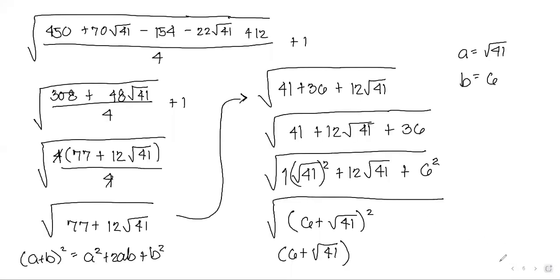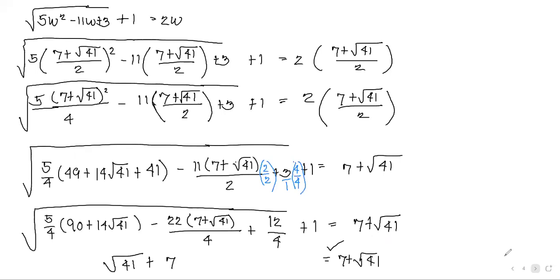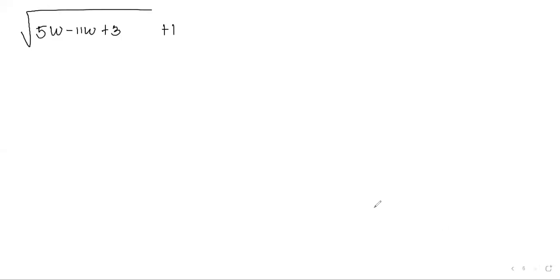So, square root of, ano ulit yun? 5w squared. Tama ba? 5w squared minus 11w plus 3. Plus 1. Minus na pala. Tama ba? Equals to w.